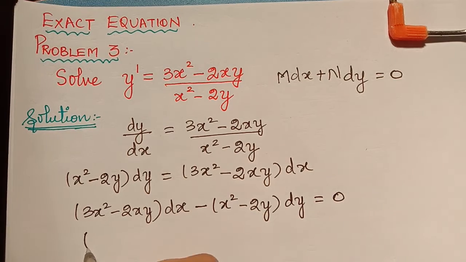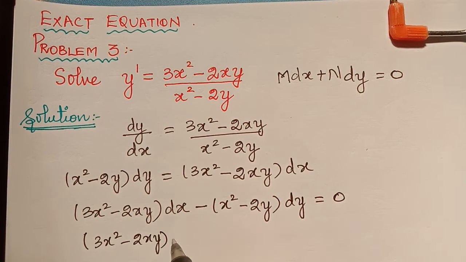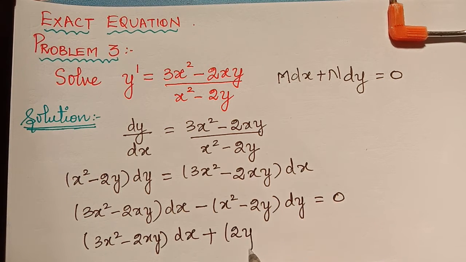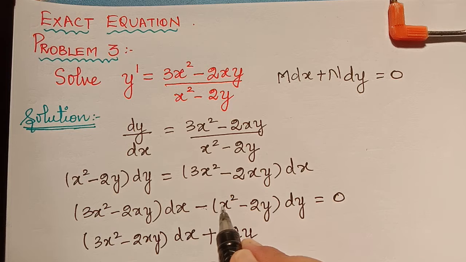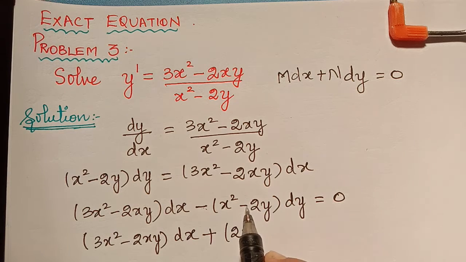I can also rewrite this as 3x squared minus 2xy dx plus 2y, because when I take this negative sign inside, it will become minus x squared, minus into minus will become plus, so it will become plus 2y.